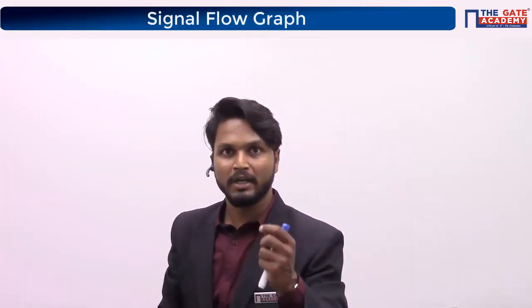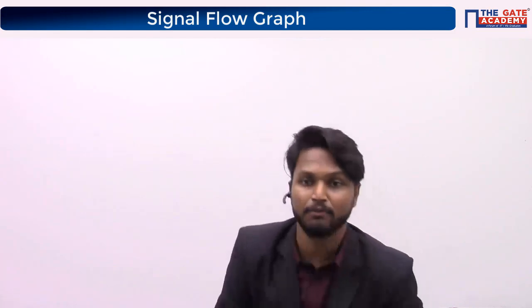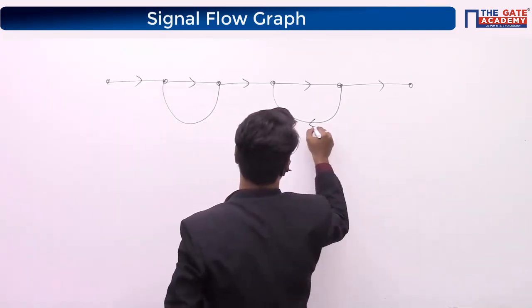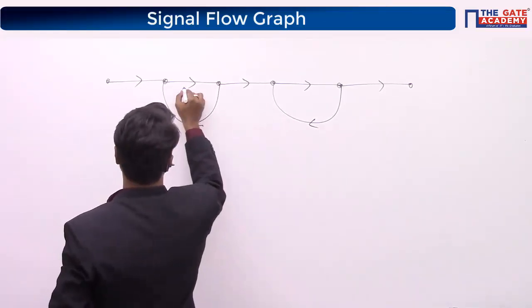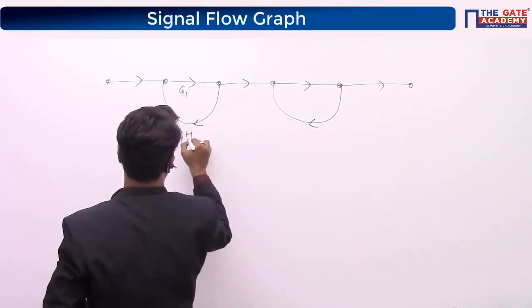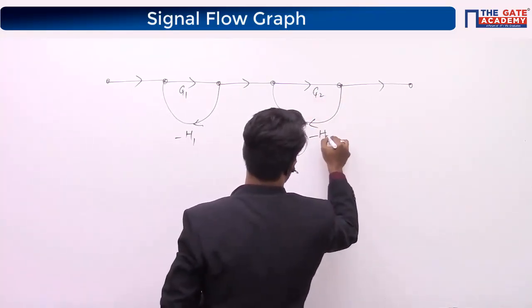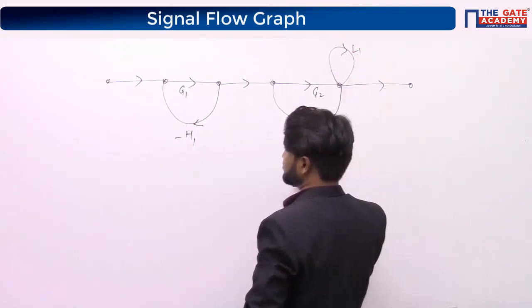So let us look at this using an example. Let us say we have a signal flow graph something like this. The gains are G1, minus H1, G2, minus H2, this is some L1.